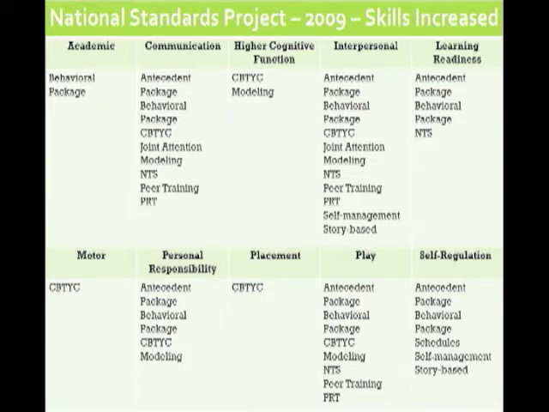All of these things are broken out, and you can see that they have behavioral packages, antecedent packages, joint attention training, modeling, peer training, pivotal response training, cognitive behavioral therapy. So there are lots of different strategies that they have listed on there that, from the research that they looked at, have shown to be effective with individuals with autism.